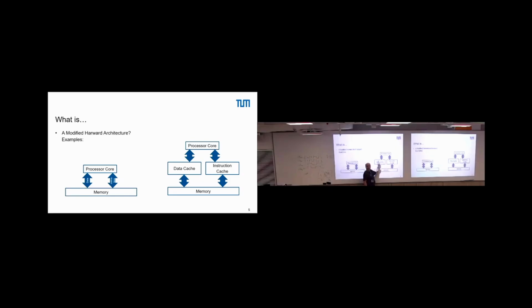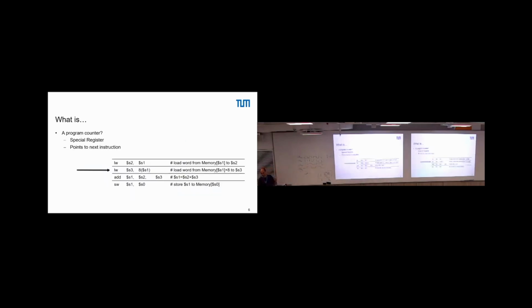You have the data in one and the instruction in the other cache. And then the core can directly access data and instructions independently. That's just to have a little bit of a recap of what these words were. I do not want to dive deeply into these different structures.